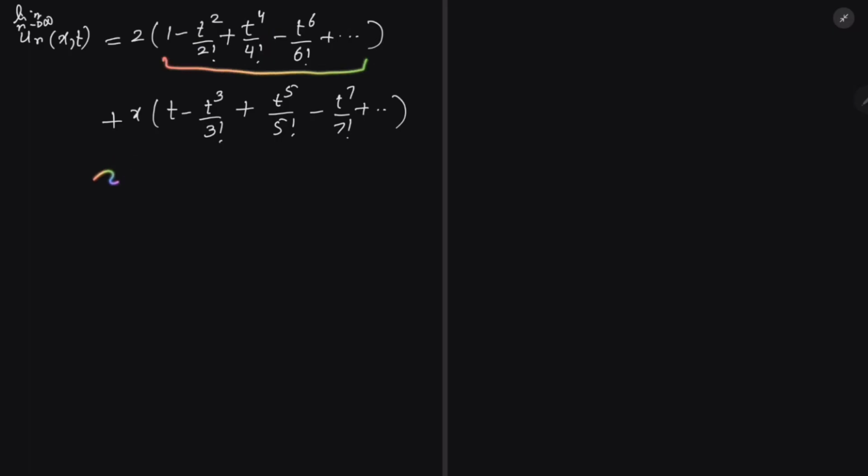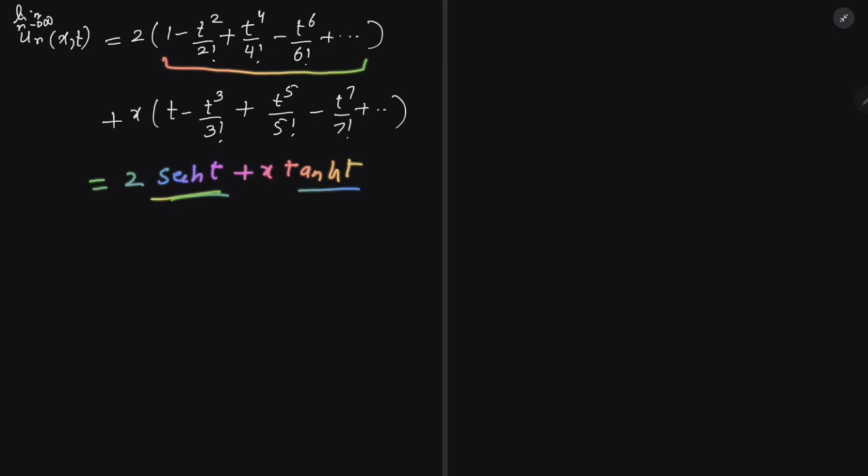The nth term I cannot write for the time being, so I apply the limit n approaches infinity. When n approaches infinity, we get this term plus x times t minus t3 by 3 factorial plus t5 by 5 factorial minus t7 by 7 factorial, and so on. So this becomes a Taylor series of some functions. So we get 2 secant hyperbolic t plus x tangent hyperbolic t.